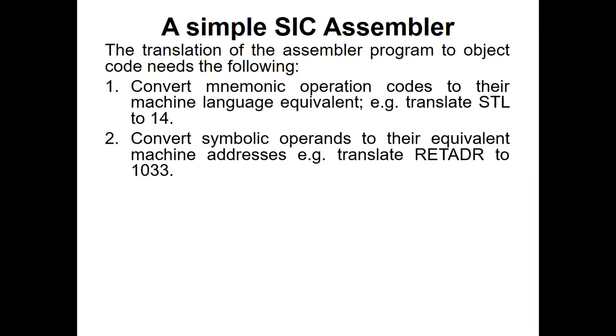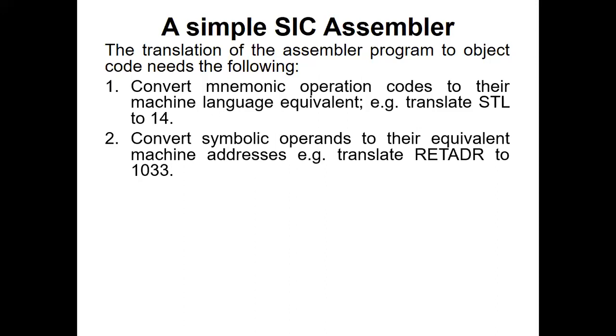So the translation of an assembler language program to object code, which has zeros and ones, is as follows. You convert the mnemonic, the abbreviation for the instruction, to its machine language equivalent operation code. For example, STL is 14.